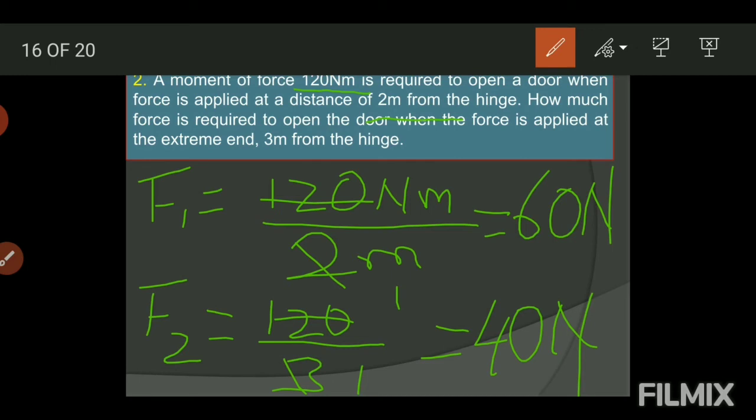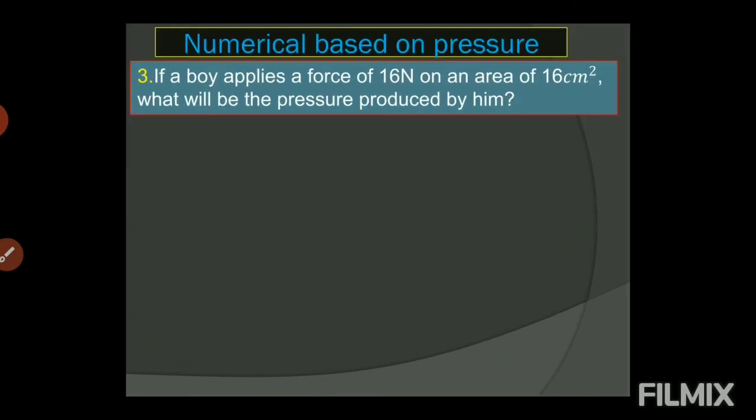So we get 40 Newton force is required just because the distance of application of force was changed from 2 meter to 3 meter. So because the distance was increased from the hinge, we needed less force to bring about the same moment of force.